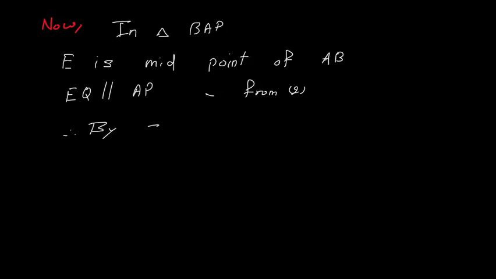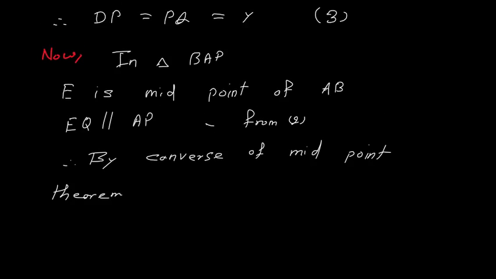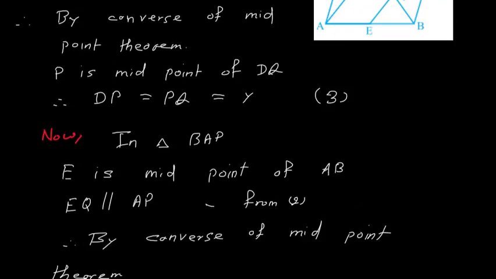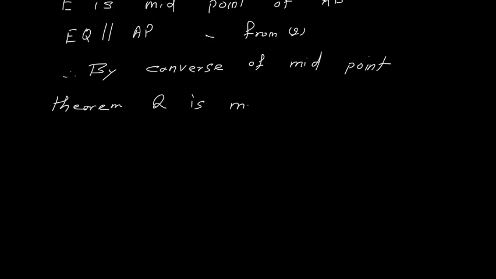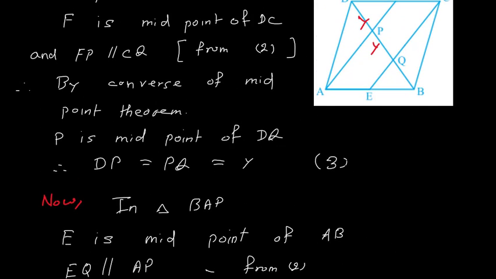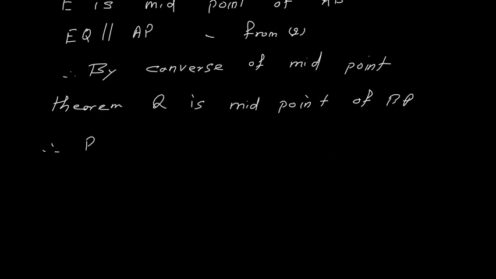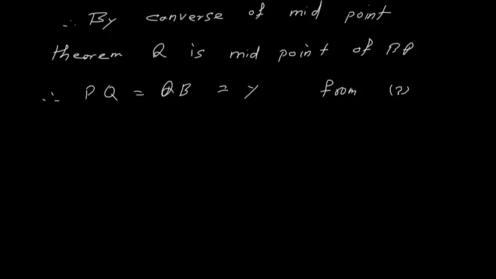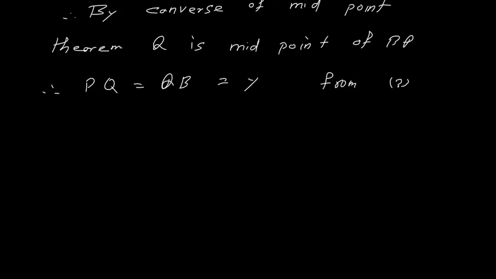Therefore, by converse of midpoint theorem, Q is the midpoint of BP. Therefore, PQ is equal to QB. Okay. This is also equal to Y, because PQ we have taken as Y. So QB is also Y. Let us take this as equation 4.